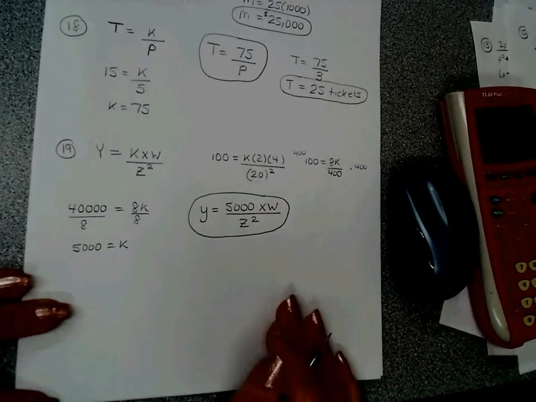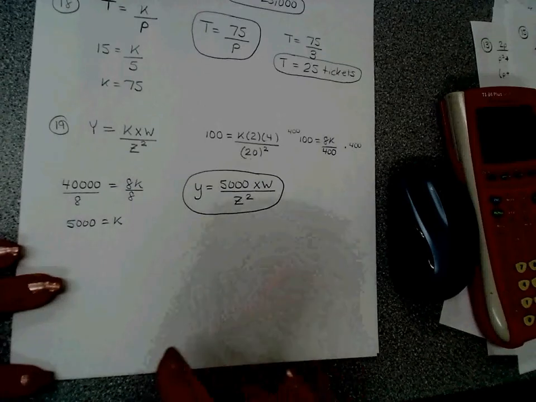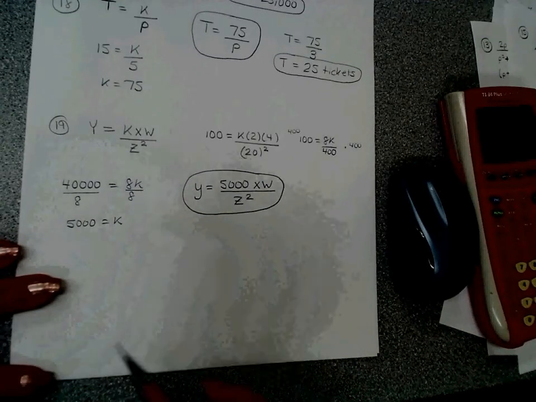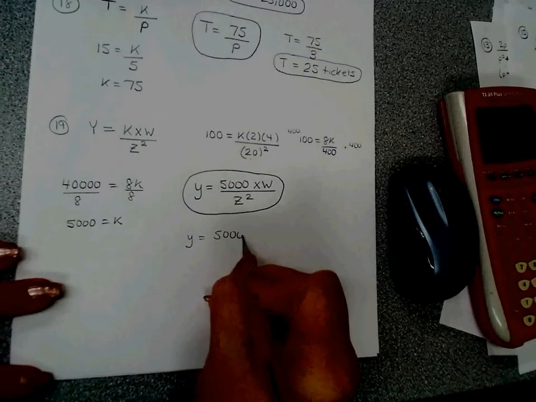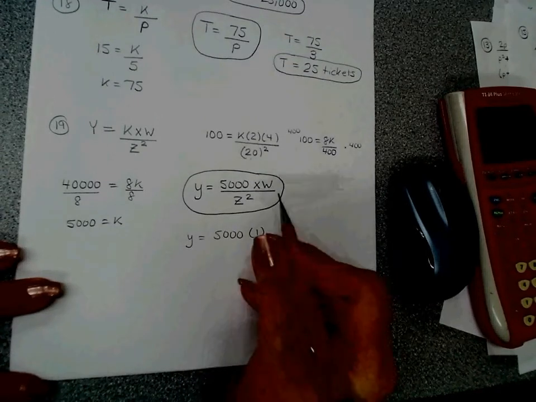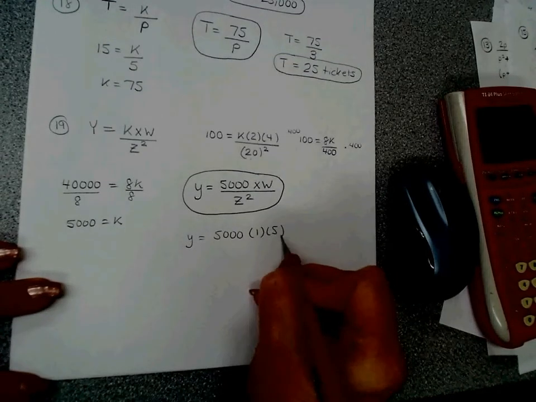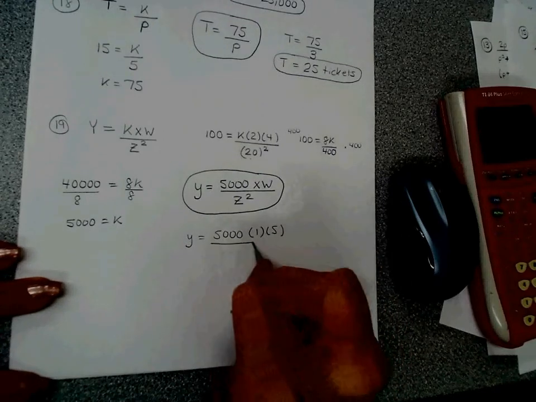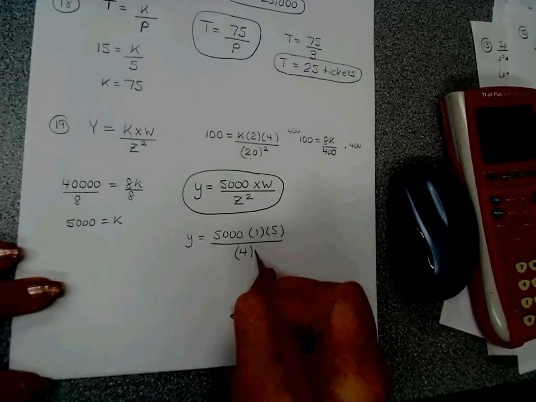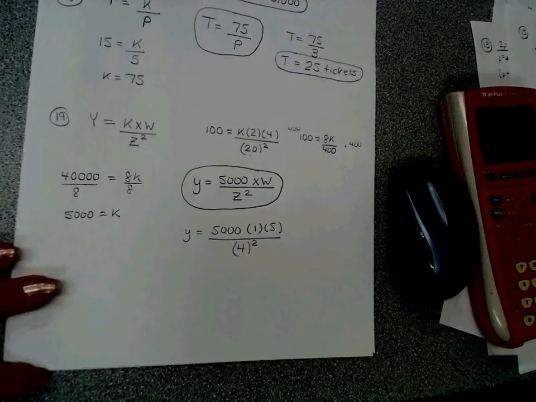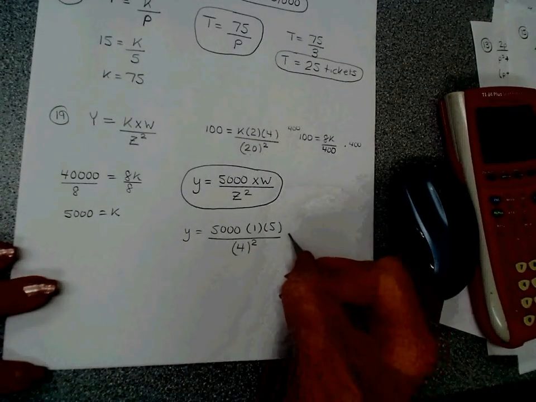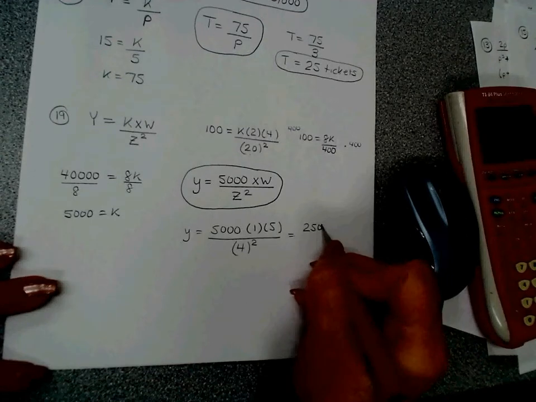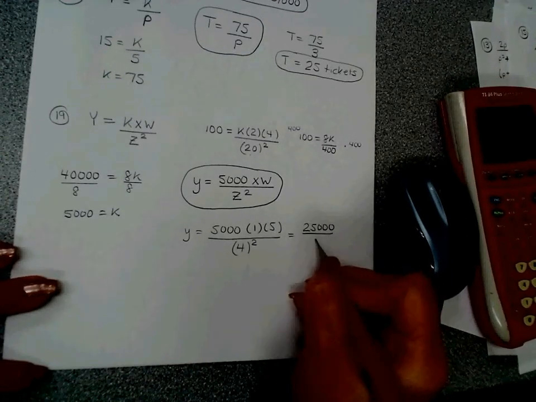So the first part of the problem said write an equation, so there's my equation. Then the second part of the problem said solve for y when x equals 1, w equals 5, and z equals 4. So I plug it in. 5,000 times 5 times 1 is 25,000. 4 squared is 16.